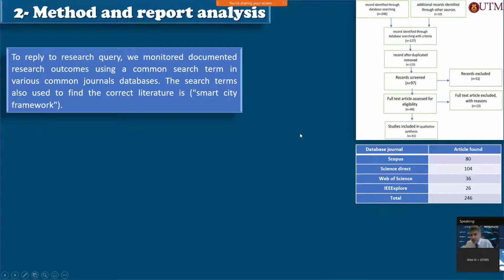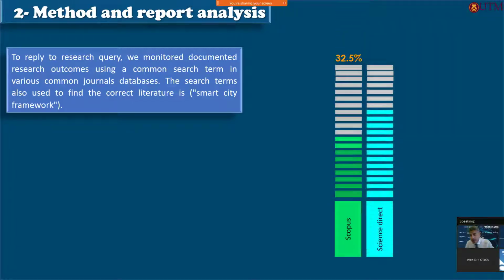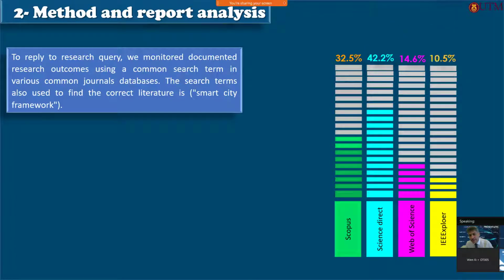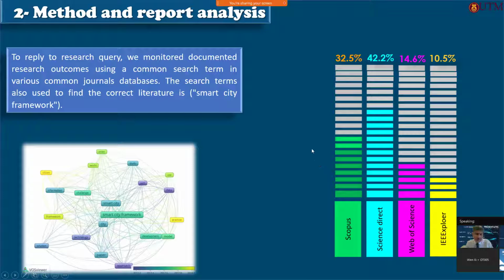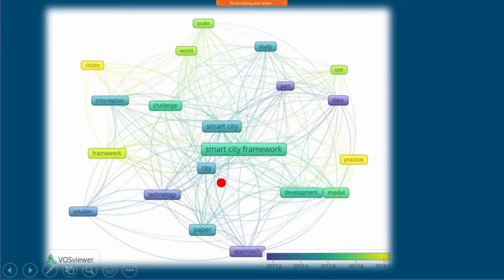This data we collected from the journal databases Scopus, ScienceDirect, Web of Science, IEEE Xplore. The total is 246. So our articles from Scopus, from ScienceDirect, from Web of Science, all of them have a percentage of all collected and included papers.